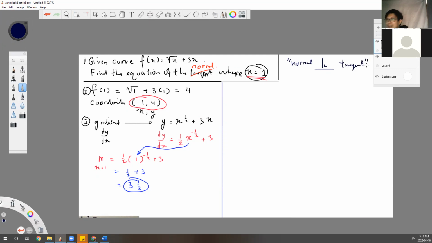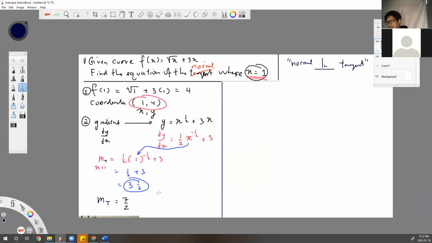Do you remember the perpendicular rule for the gradient? This is the gradient of the tangent, of course. If you differentiate, you are finding the gradient of the tangent, so this is always mt. mt, the m of the tangent line, is 7/2.